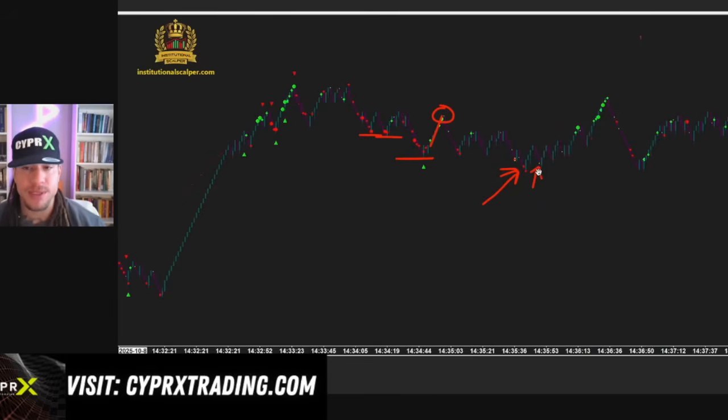And you'll notice that there's a failure to break a new structure low. So here is the first signal where I was like, okay, buy volume is now overpowering sell volume, and there is not enough sell volume in the market to make a new structure low and continue this overall downtrend. So buyers are starting to throw enough volume in the market to trap sellers and possibly push prices higher.